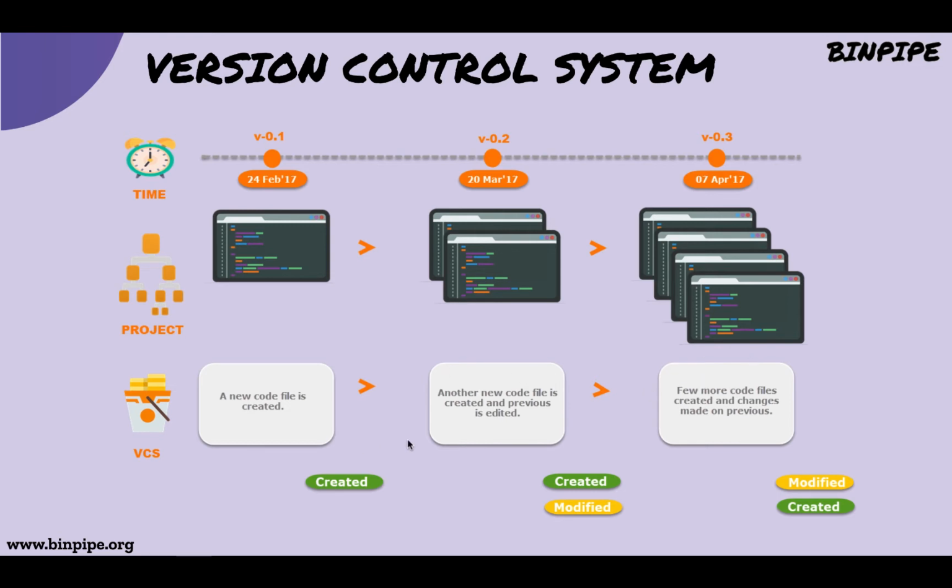So as the number of files keeps increasing, and the number of different versions also keeps increasing, whenever a couple of files from multiple developers are merged and pushed into the repository, they are tagged with a particular version number, so that there is a track of things going on with respect to time. For example, in the month of February, the version was 0.1 and the code base had just one file, in the month of March it had two files with a different version number, and so on. Now, how does this help?